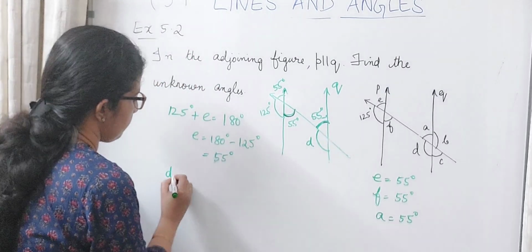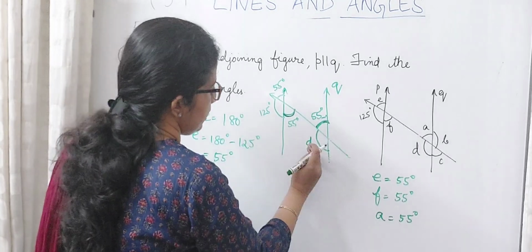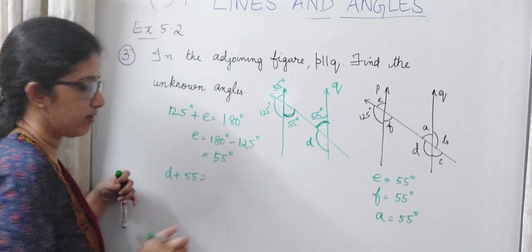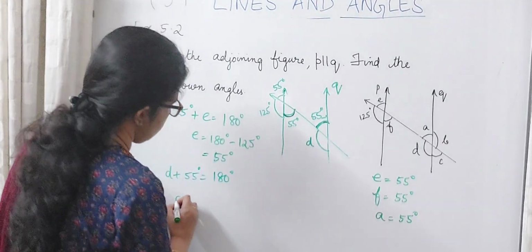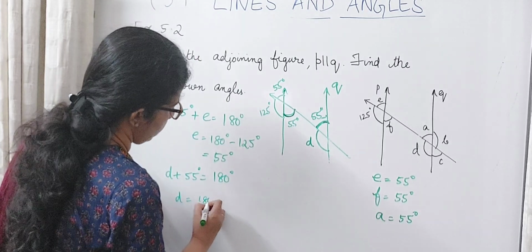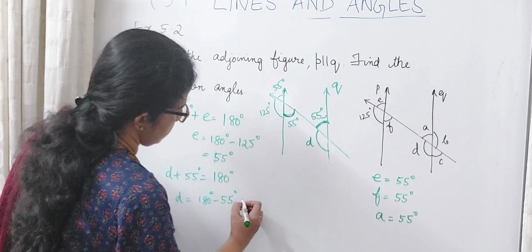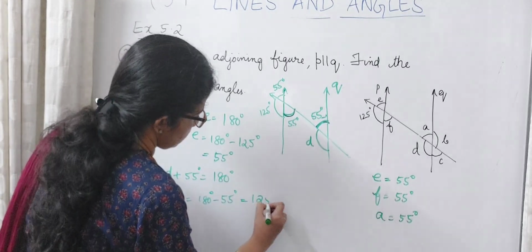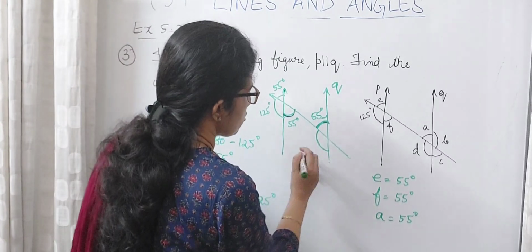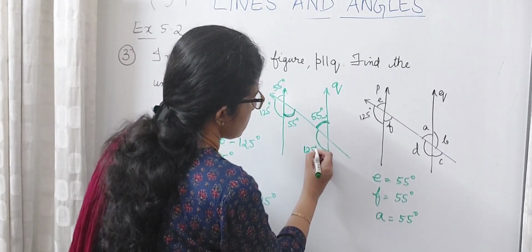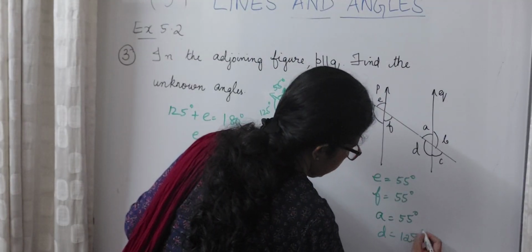D plus 55 degrees will be equal to 180 degrees, since this is a straight line. So D is equal to 180 degrees minus 55 degrees, which is 125 degrees. D is equal to 125 degrees.